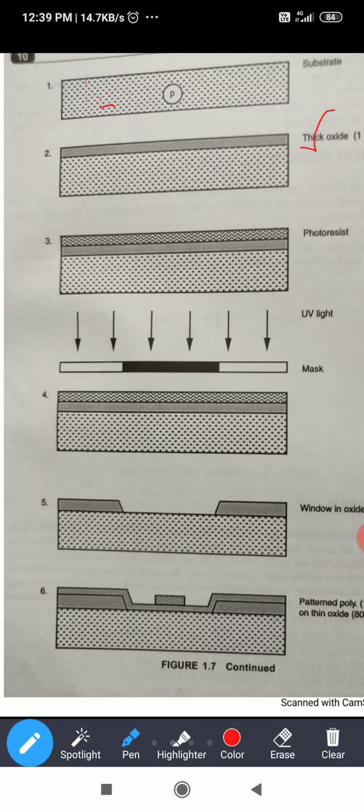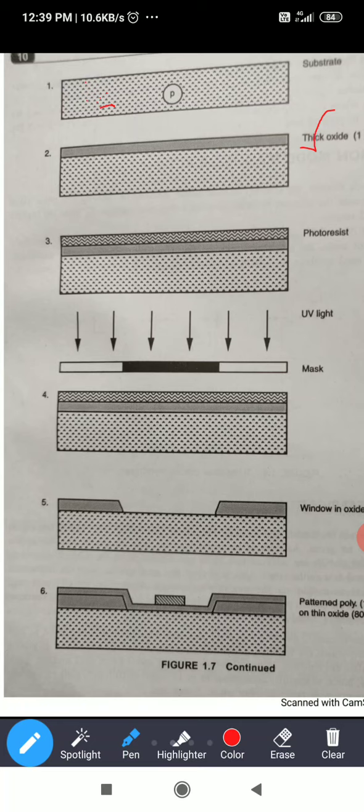The spin coater spins at a particular speed, so that the photoresist layer is evenly distributed with the required thickness. We get an even thickness over the entire wafer.